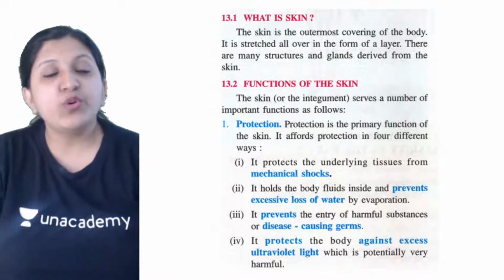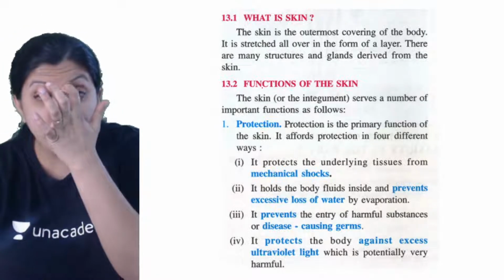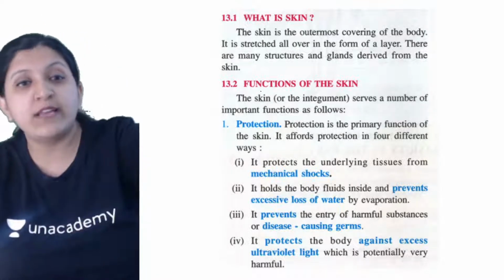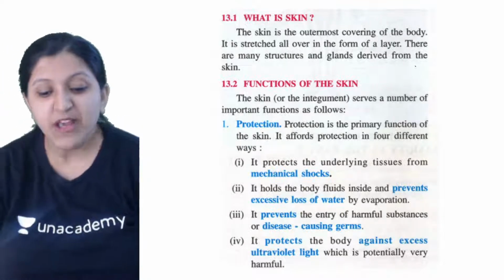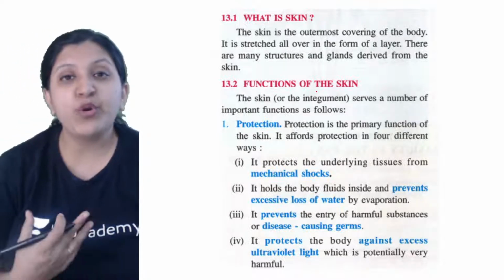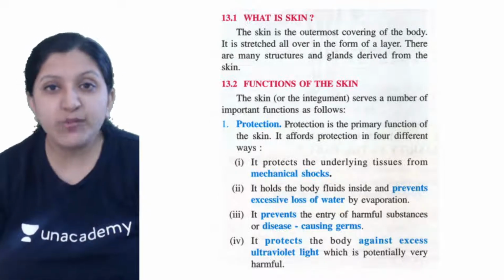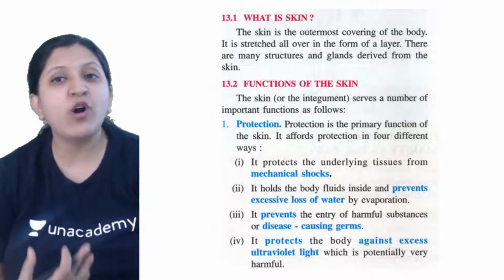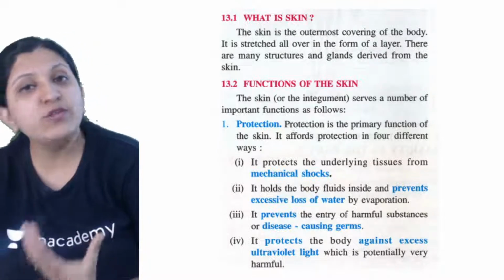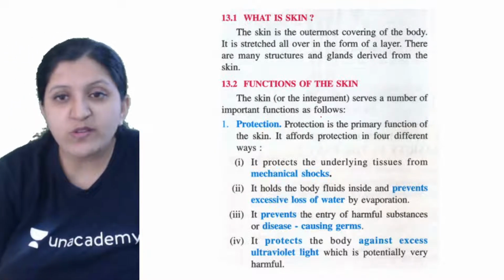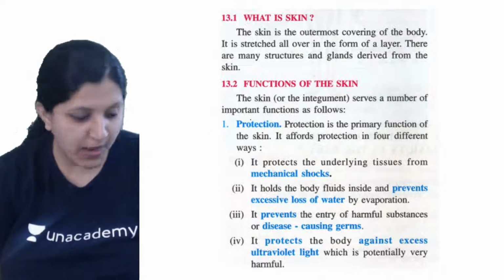Many derivatives are there, and they help in the production of sweat, oily secretion and milk secretion. All this occurs because of the derivatives of the skin itself. These are the structures or glands we can mention.